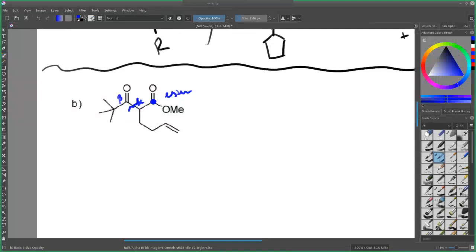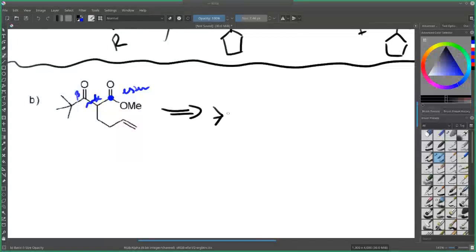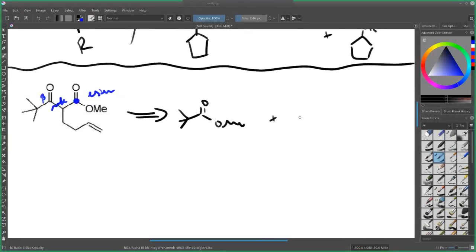Working backwards, pick whatever ester you like. Let's do O-methyl because it's the same as the other one, plus this O-methyl, and now there's a whole bunch of other stuff hanging off. And it came from this enolate.